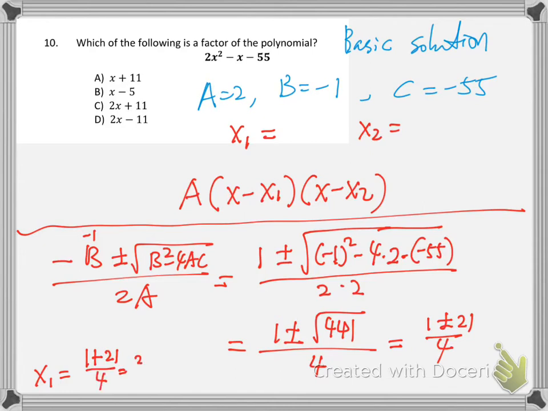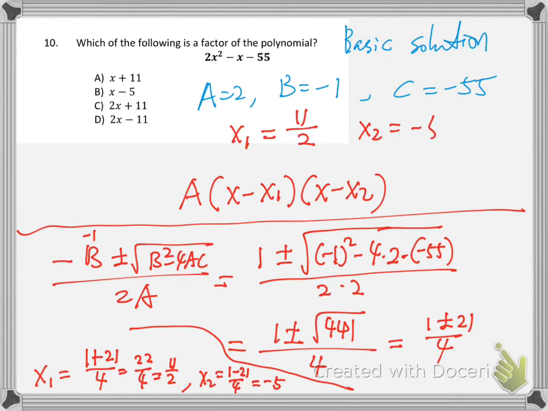So this is 22 divided by 4. This is 11 over 2. And x2 is 1 minus 21 divided by 4, which is negative 5. Okay, so we have two solutions, 11 over 2 and -5, by using the quadratic formula.